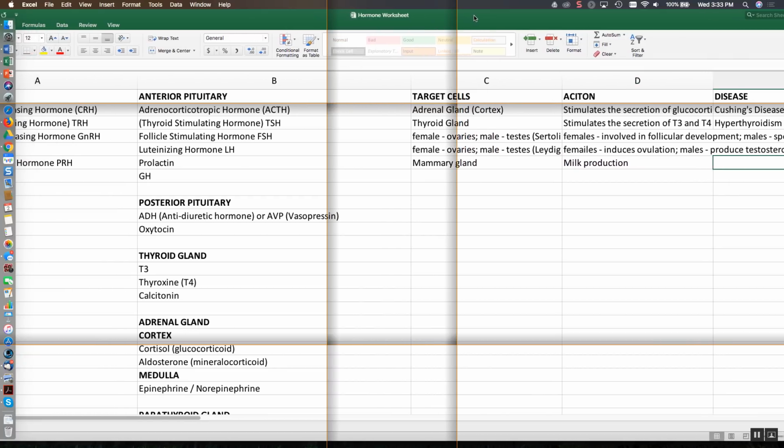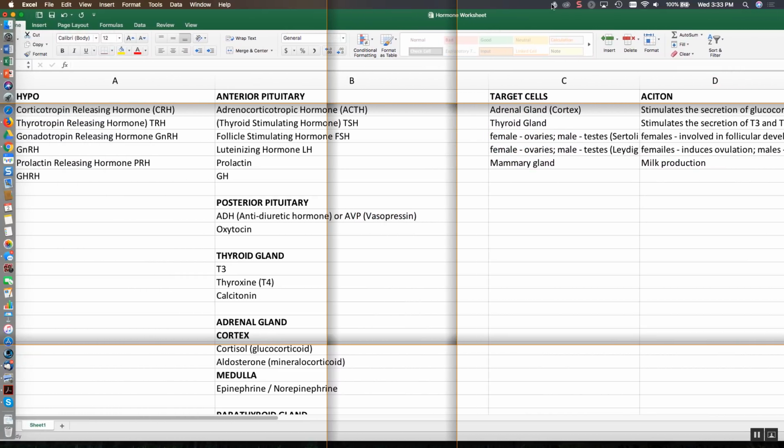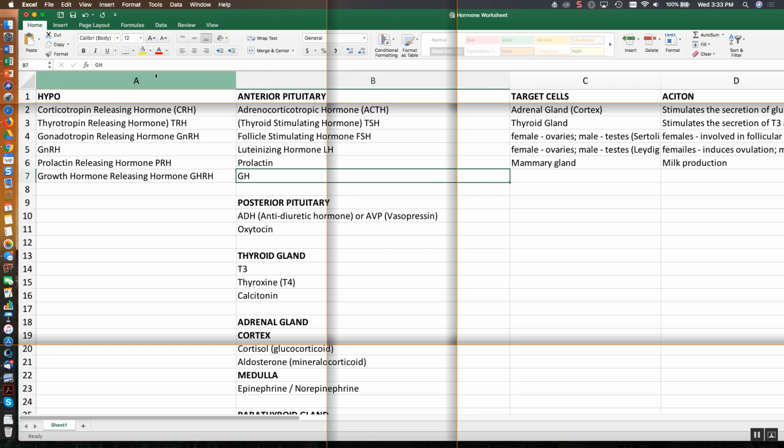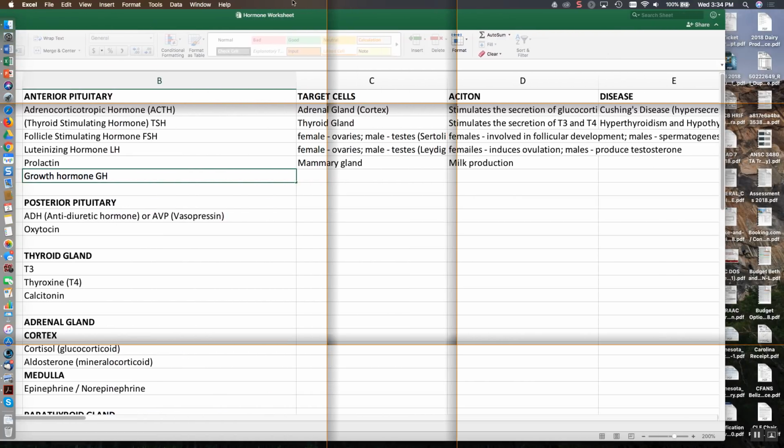And then growth hormone releasing hormone. Growth hormone. What are the target cells? I would say various. There's, I mean, the heart, the liver.